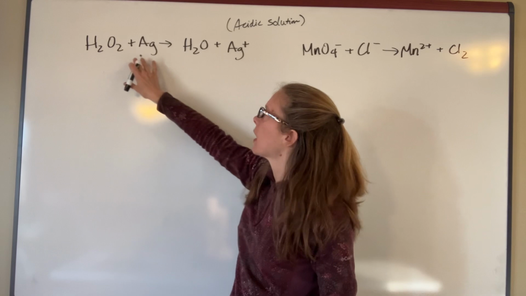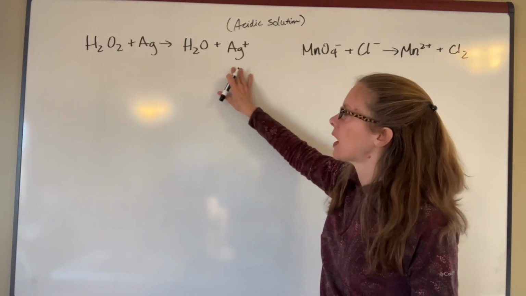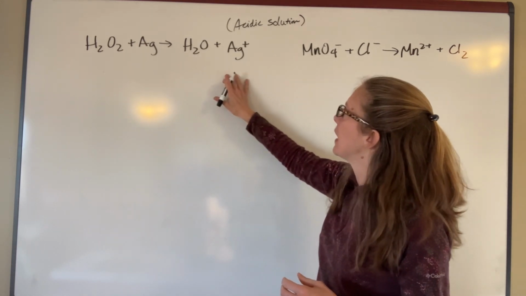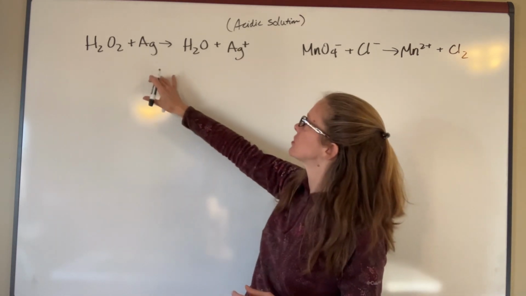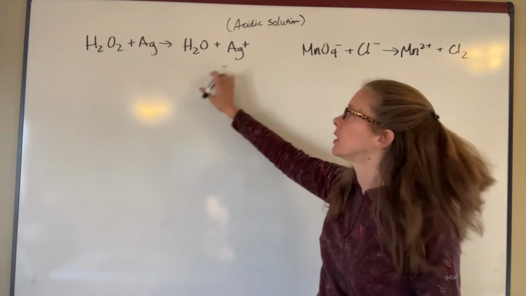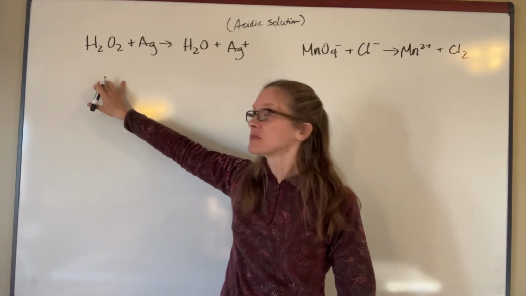We've got hydrogen peroxide plus silver will yield water and a silver ion. So again, you can see from the beginning here that I don't have equal charges on both sides. The only side I really have a charge on is the positive one over here; the other side doesn't have any charge, that's 0.